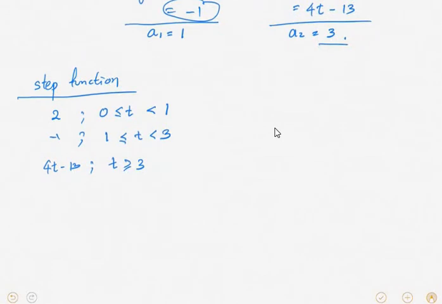So this is the step function. We changed from the unit step function to the step function. Now that we have the step function, we can plot the graph. Let's plot the graph.